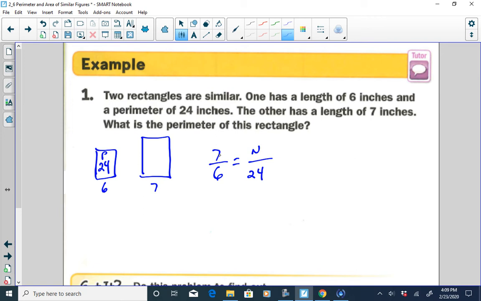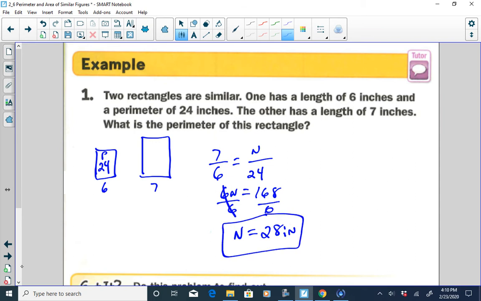Remember the rule: the ratio of the corresponding sides is equivalent to the ratio of the perimeters. All right, we cross multiply and divide. 6 times n is 6n. 7 times 24 is 168. And when we divide both sides by 6, n is going to be equal to 28, and what are those, inches, for the perimeter of the other rectangle.